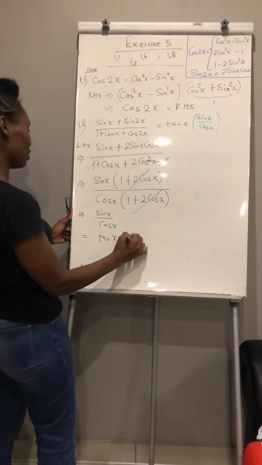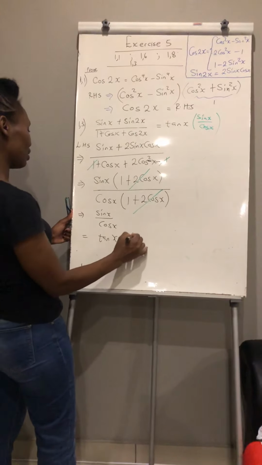So notice how that one is now written as sine 2x minus cos x, and it's all over 1 minus cos 2x minus sine x. It's like this. This is what they want us to prove. So just make sure that you have it right over there, and let us prove that one.